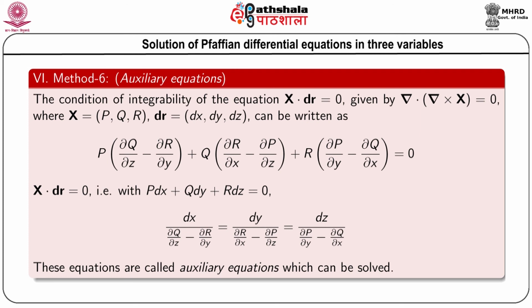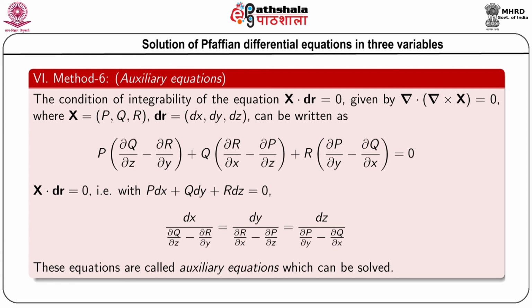So, if this is our given equation and if we assume this is integrable, then it should satisfy the condition X · curl X equals 0, and this condition leads to the equation P(∂Q/∂z − ∂R/∂y) + Q(∂R/∂x − ∂P/∂z) + R(∂P/∂y − ∂Q/∂x) equals 0.